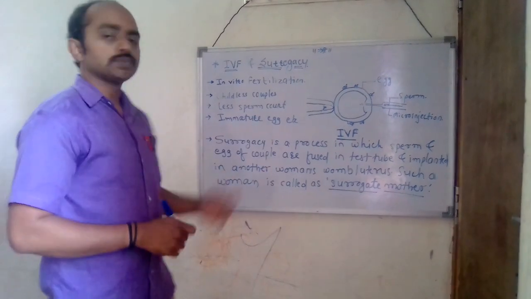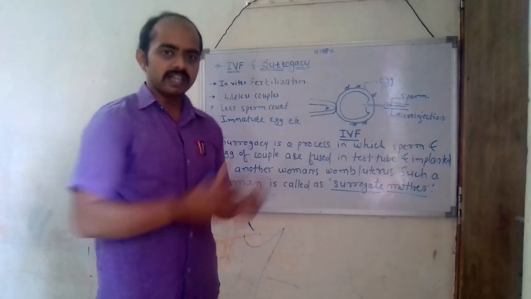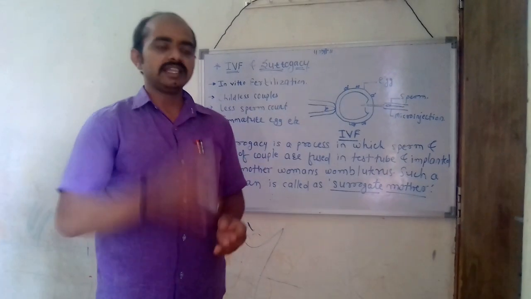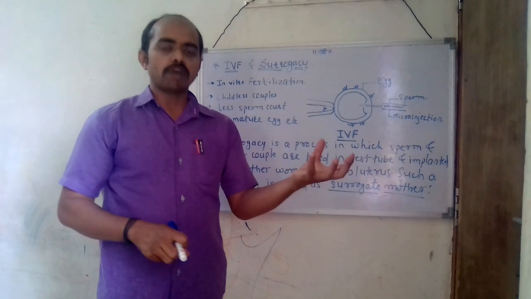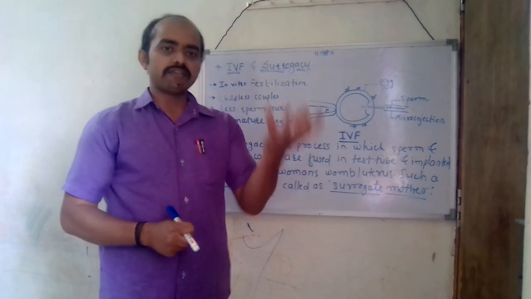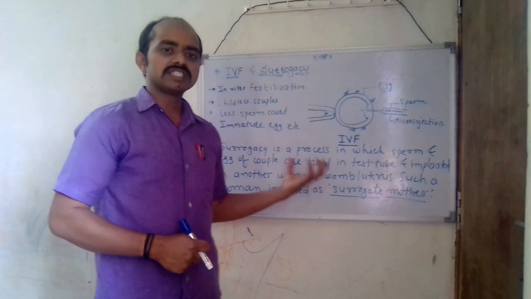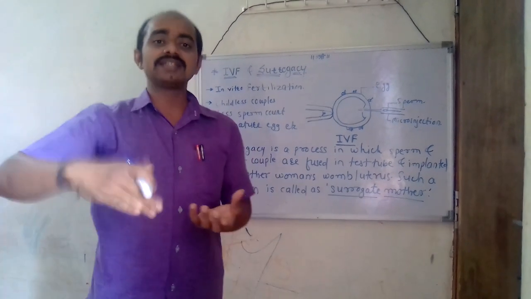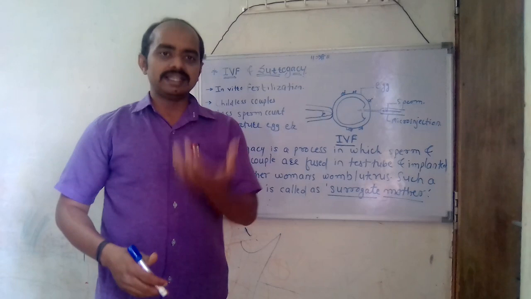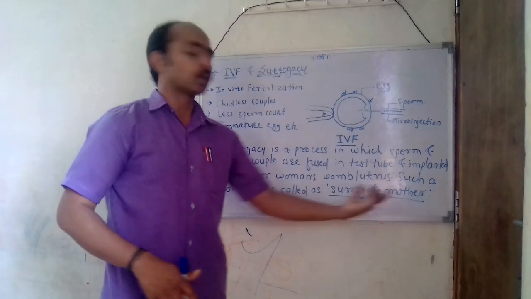So in this process, if there is a married couple who want a baby, then the sperm and the egg from that couple are extracted and fused in a test tube in the laboratory, and that zygote is transferred to another healthy woman's uterus, and that woman is known as the surrogate mother.